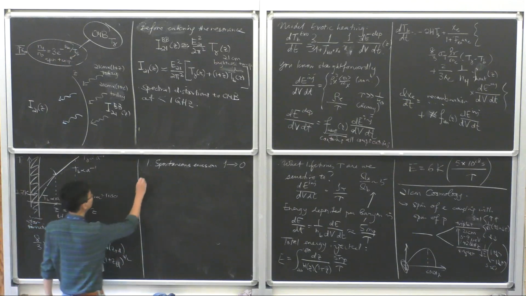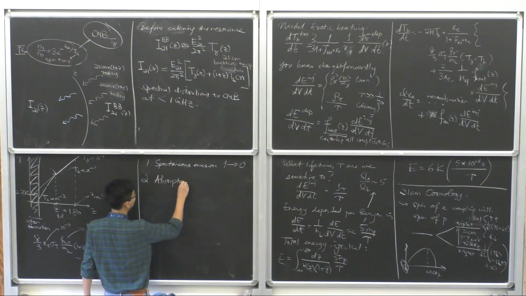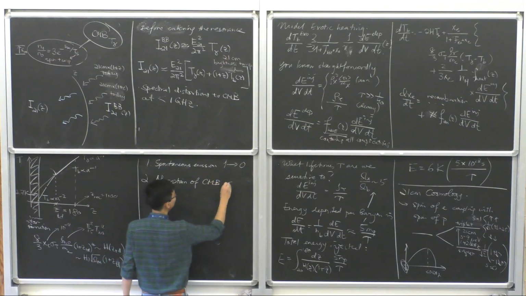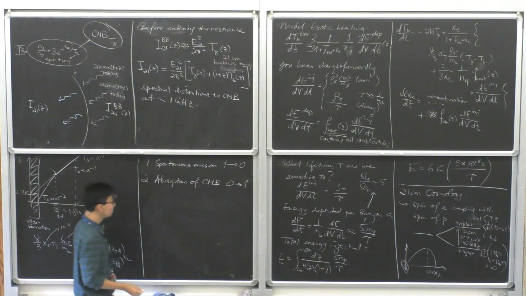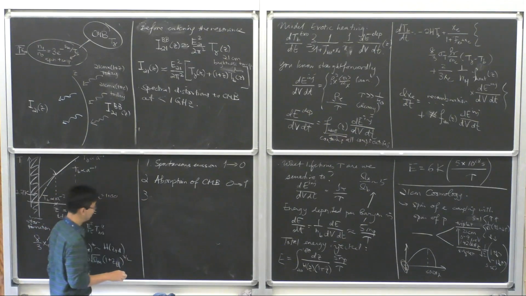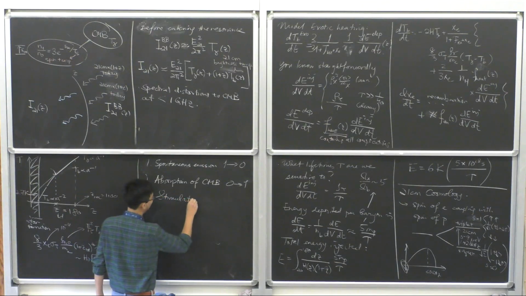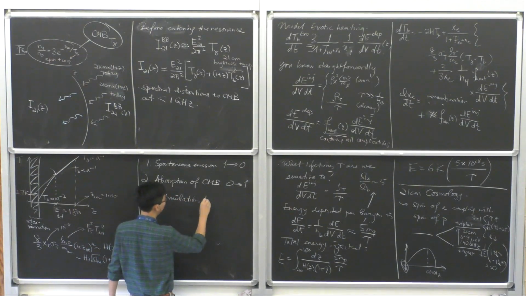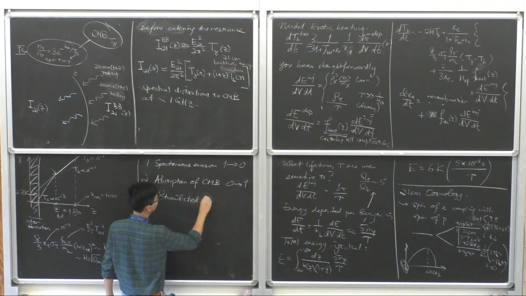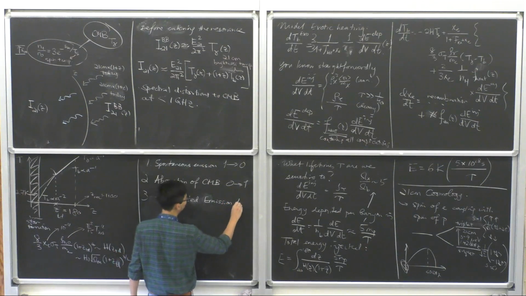2 is absorption. So this goes from 0 to 1. And then 3 is the important process that I guess Einstein realized was needed to understand such systems, which is stimulated emission, which is 1 goes to 0.